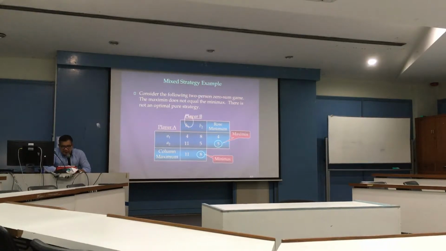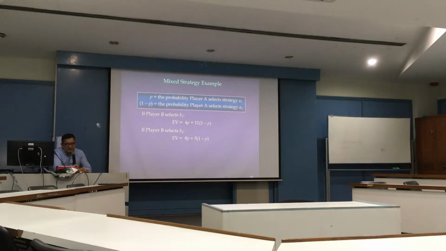We can expect the value of the payoff to be 4 for A1 multiplied by probability P, plus 11 for A2 multiplied by probability 1 minus P. So we have 4P plus 11 multiplied by 1 minus P.